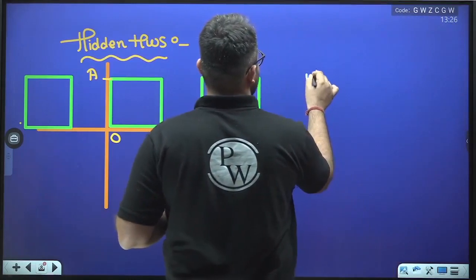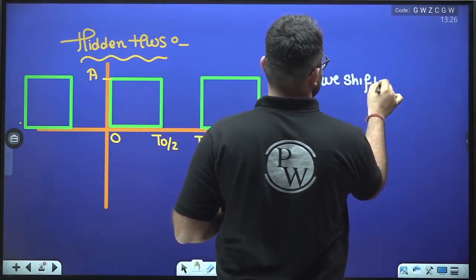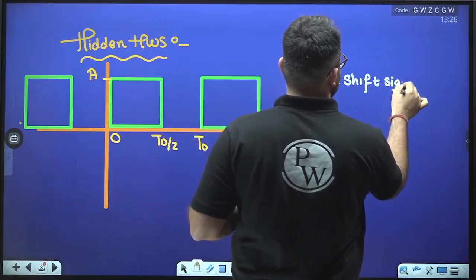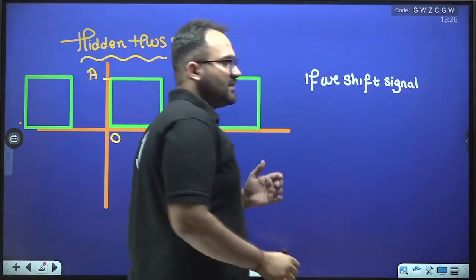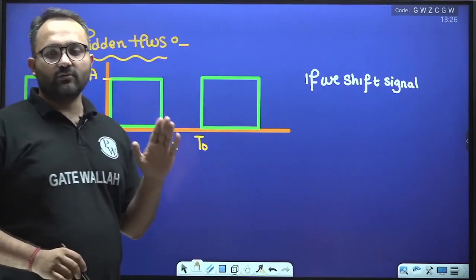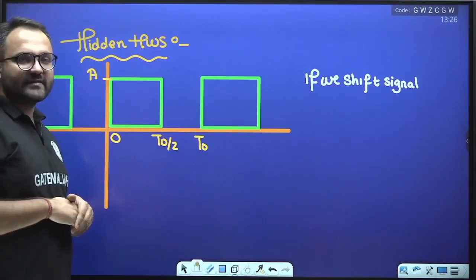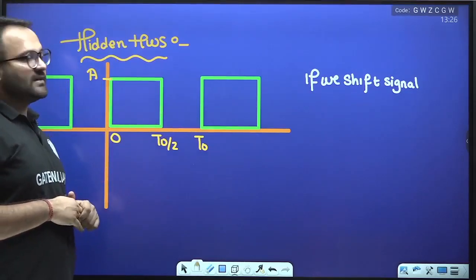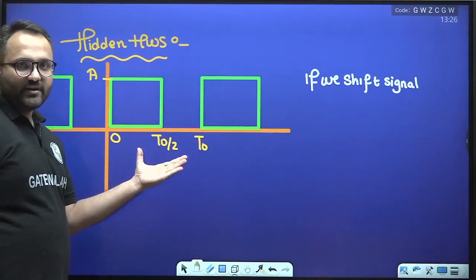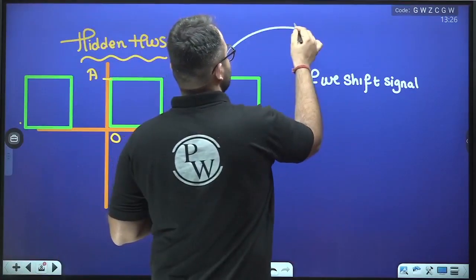So if we shift the signal on the amplitude axis such that its average value is 0. Right now its average value is not 0, because what is the average value of a signal? Average value of a signal is area over one time period divided by time period.